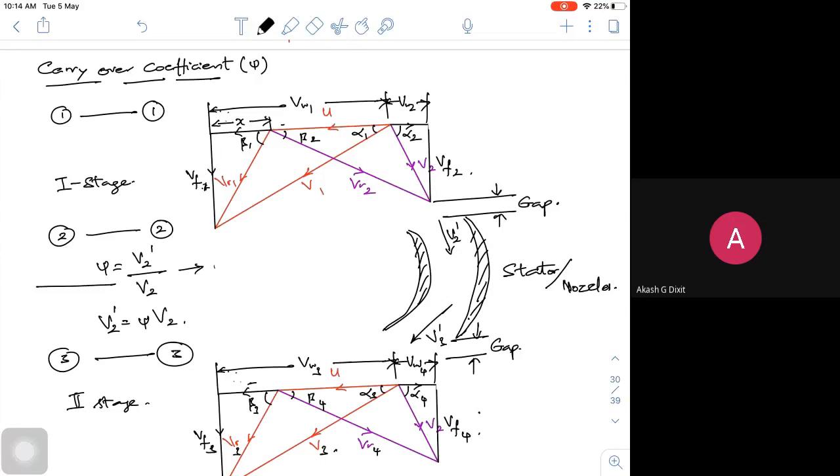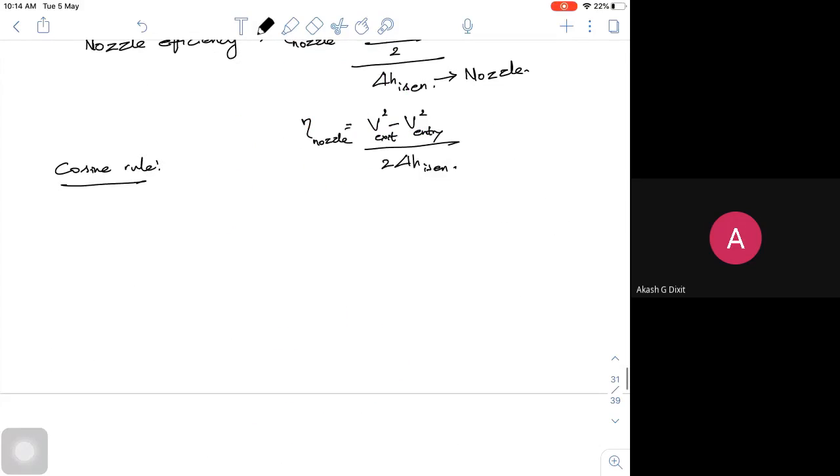Let me write that using the cosine rule. V2 square is equal to VR2 square plus U square minus 2 into U into VR2 into cos beta 2. Let me call that equation number 1.